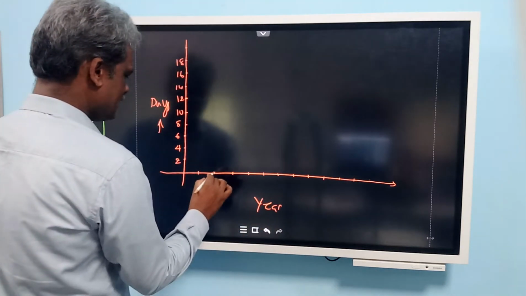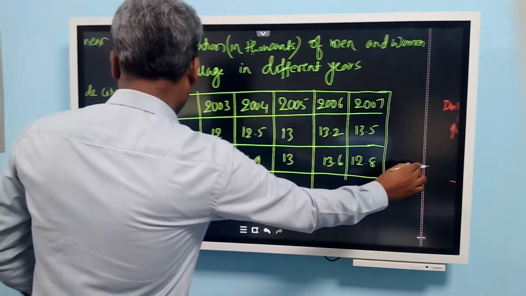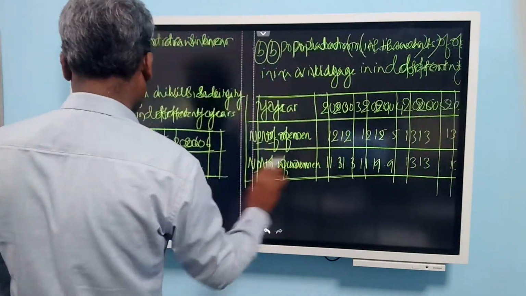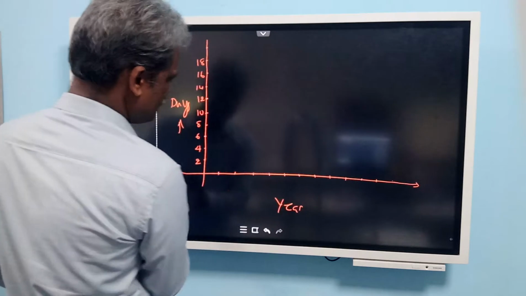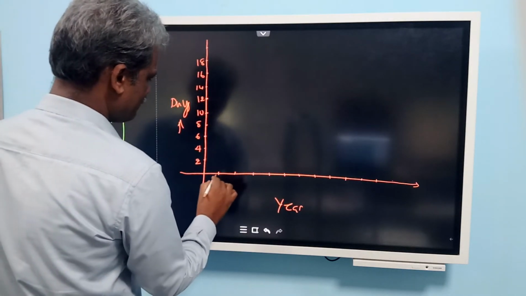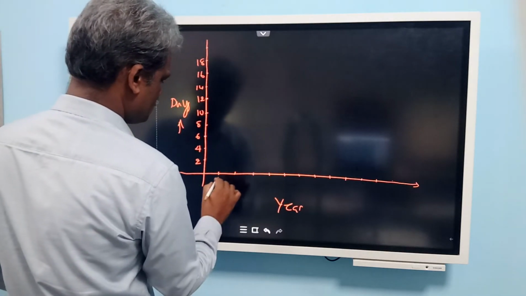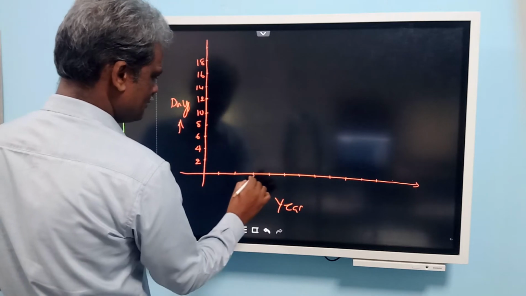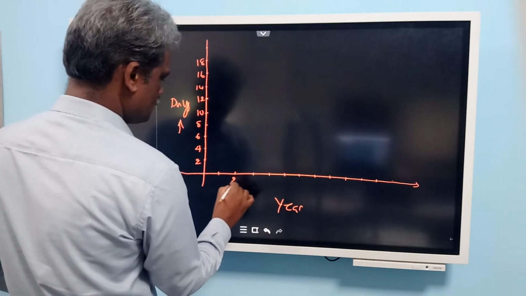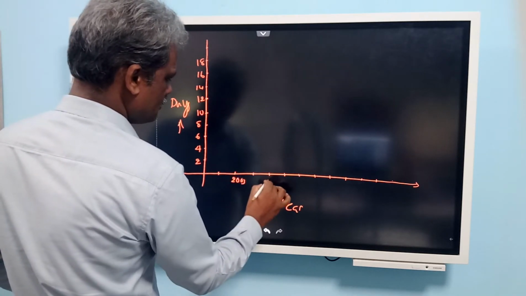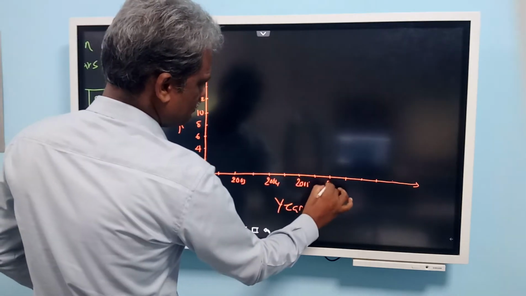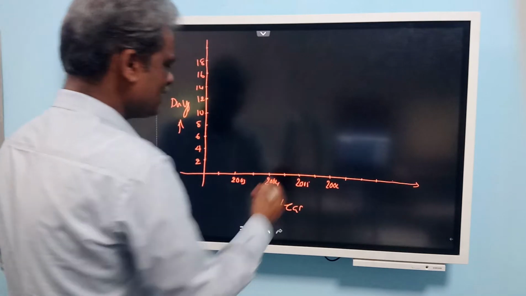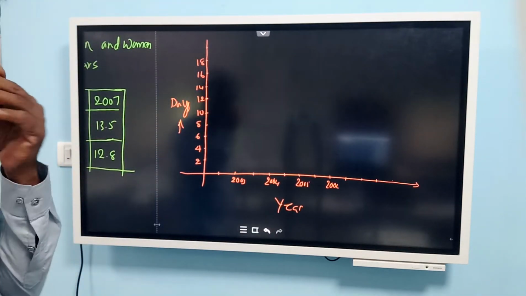The first year is 2003 to 2006. So I will write here 2003, 2004, 2005, 2006. So I have taken a 2 units gap here.